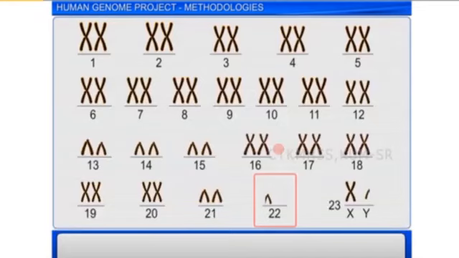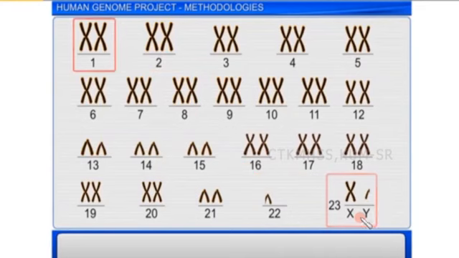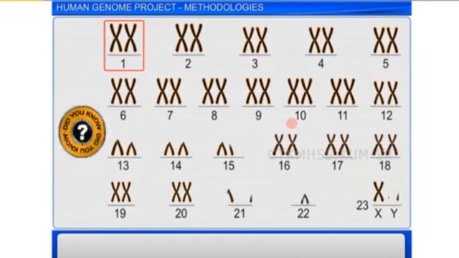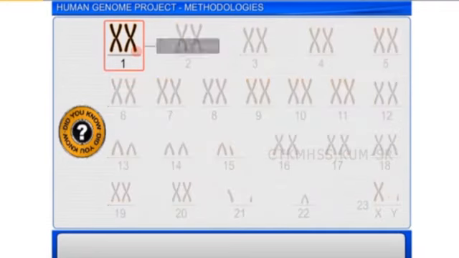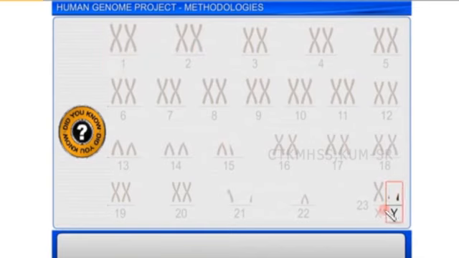Out of the 22 autosomes and 2 allosomes, chromosome 1 was the last one sequenced, in May 2006. Did you know that chromosome 1 has the largest number of genes, 2968 genes, whereas chromosome Y has the least number of genes, only 231 genes?